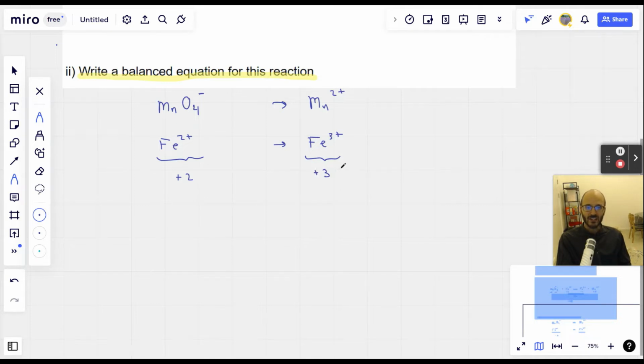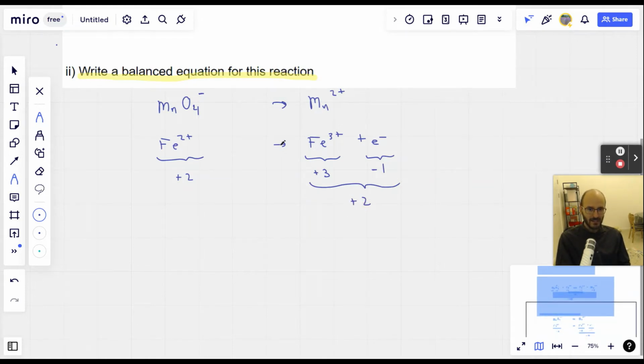To balance the charges, you have to add electrons to the most positive side, in this case, the right-hand side. So you add 1 electron. That is now -1, the electron. So +3 minus 1, +2. Perfect. So this half equation is balanced. Brilliant. I'm going to get rid of a few things here.